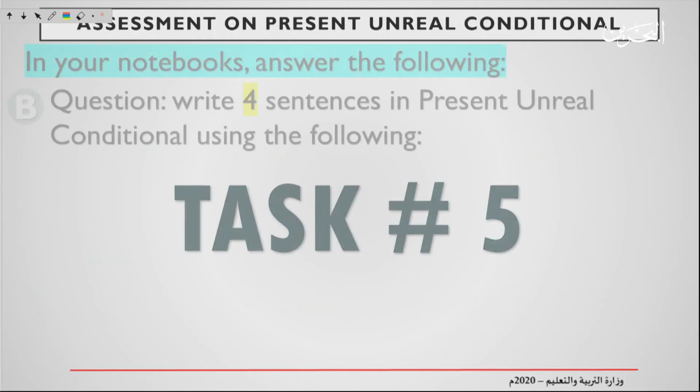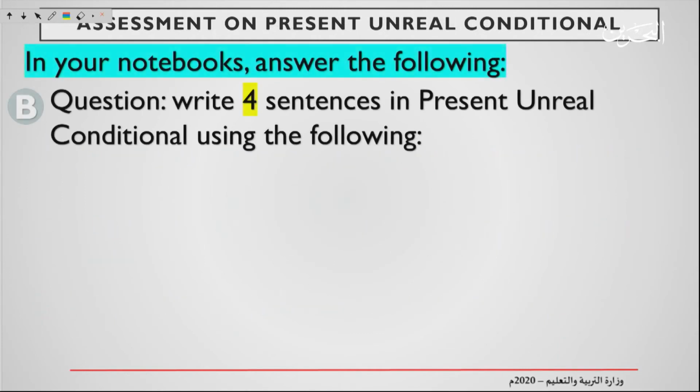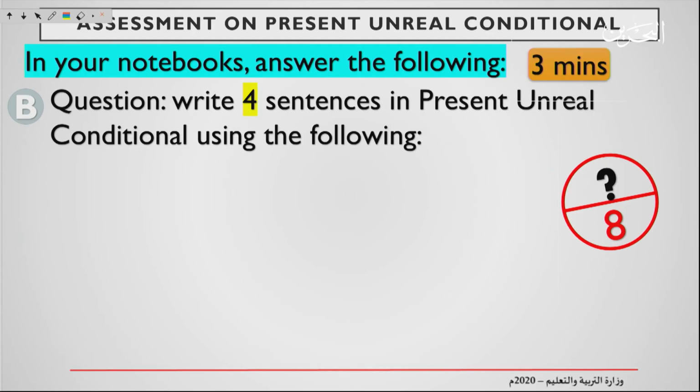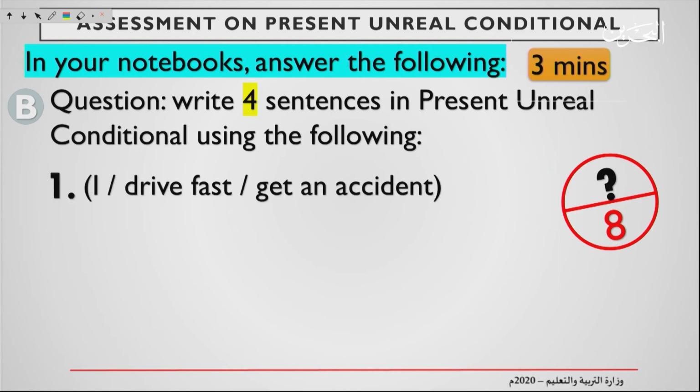Task number 5. In your notebooks, answer the following. B. Question. Write 4 sentences in the present and real conditional using the following. And you have a mark of 8. The first one. You have to combine all of these. I plus drive fast plus get an accident.